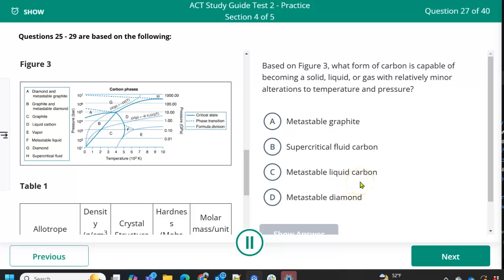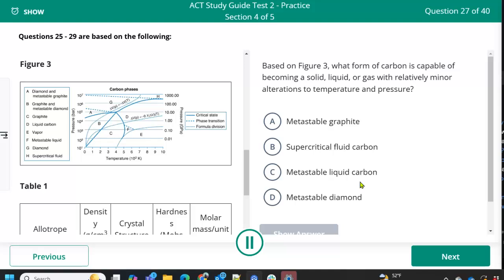So I am going to go with, oh, wait a minute. Yeah, metastable liquid.